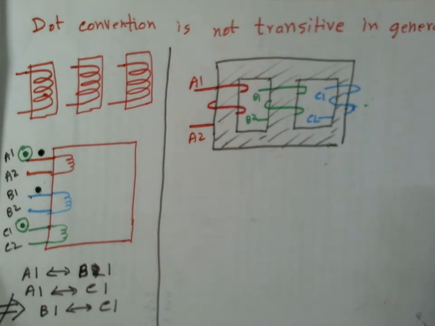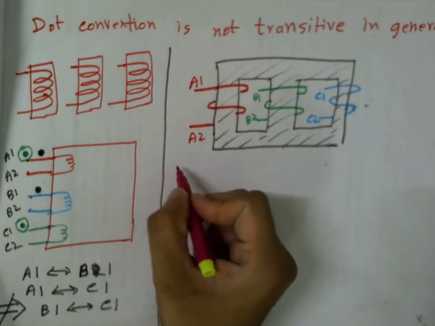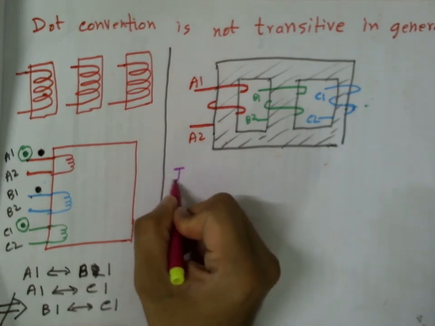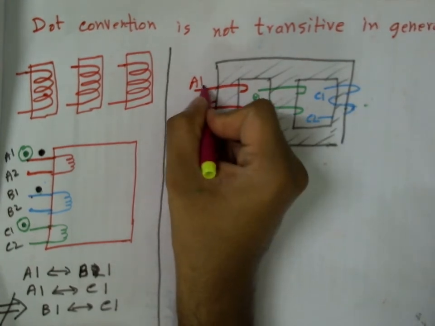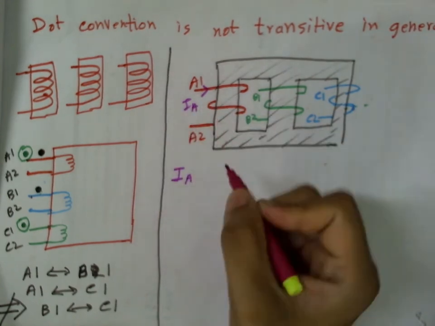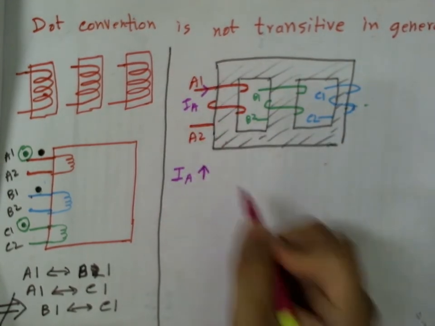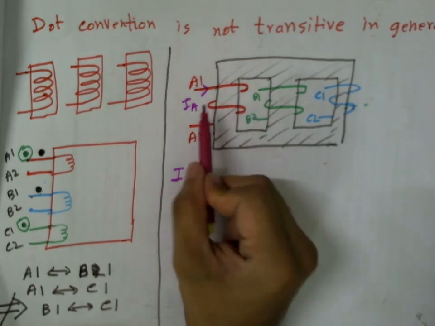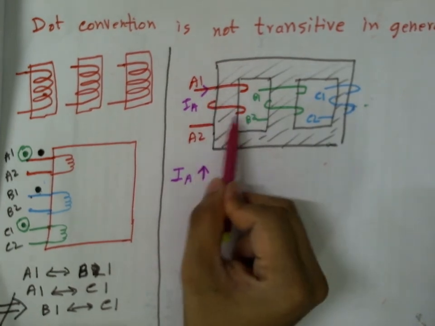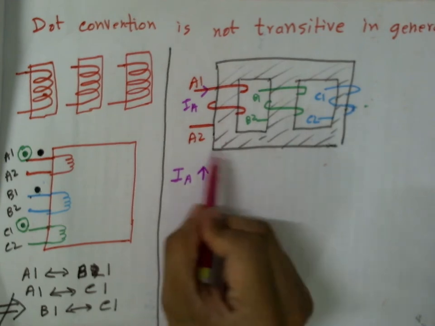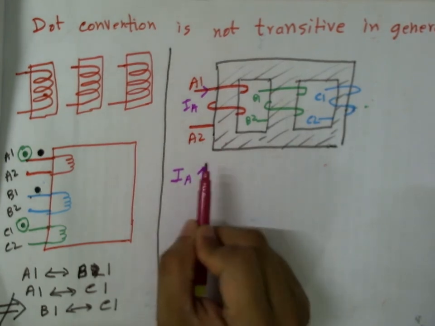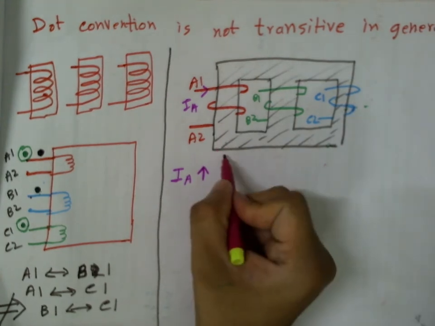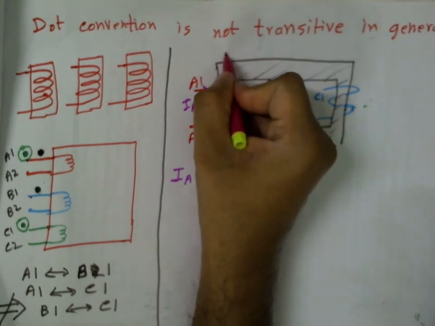So see, the current IA is increasing. Okay, when IA is increasing, that means this current, as seen from the bottom, rotates in a clockwise direction. Therefore, this side should be south pole, this side should be north pole.